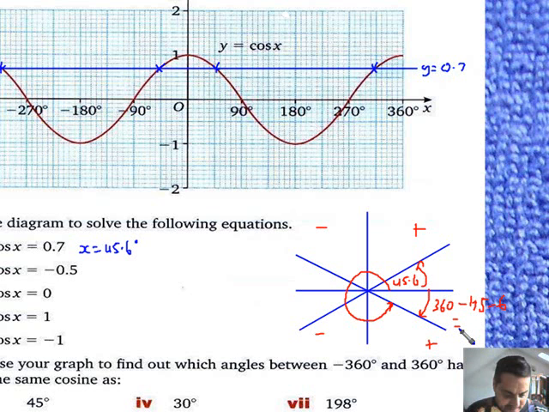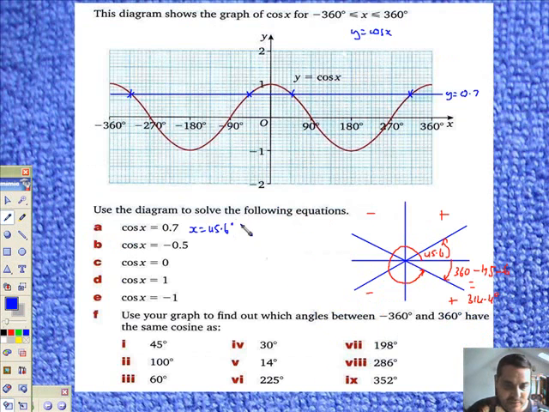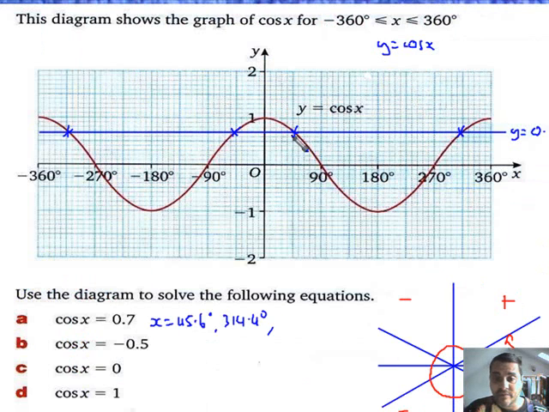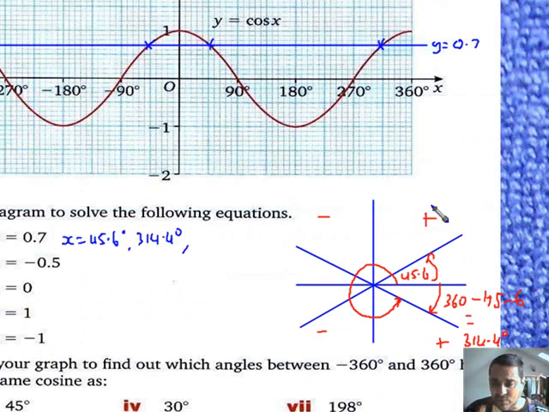So 360 take away 45.6 gives us 314.4 degrees, and that's our next solution. Now if we judge the symmetry of this cycle of the cosine graph, this is going to be minus 45.6, because we know that cosine is positive in the first and fourth quadrant.